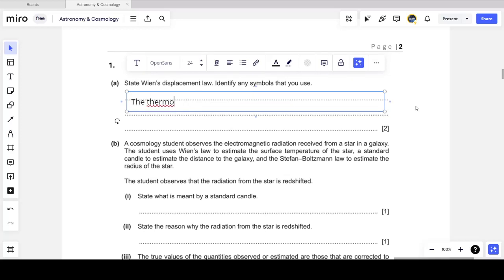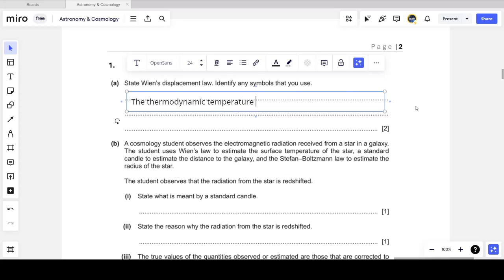The thermodynamic or the absolute temperature, which is basically the same thing, of the surface of a star, we'll stick to the star, of the star's surface is inversely proportional to the wavelength at which the maximum emission rate occurs.